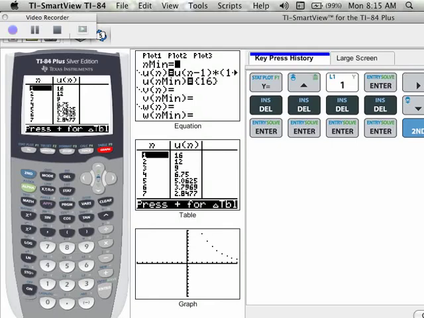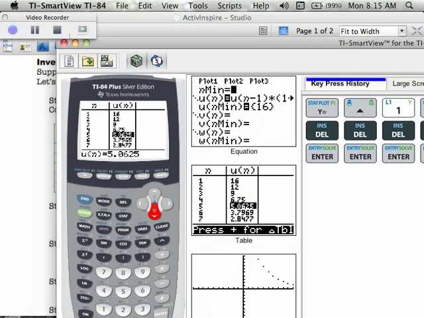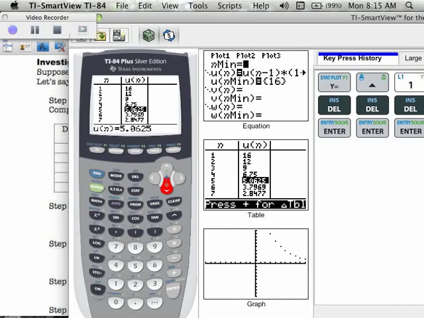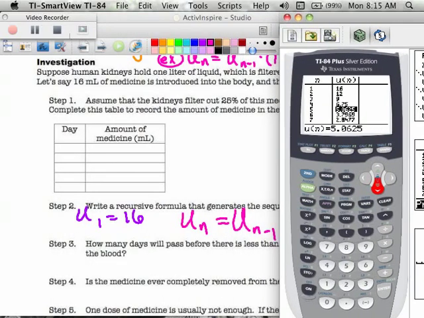Day 1, when I inject the medicine, I have 16 milliliters. Day 2, I have 12. Then I have 9. Then I have 6.75, 5.06. So now let me go back to my page over here.